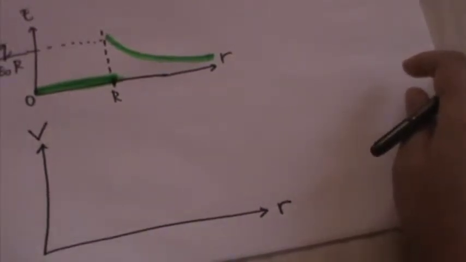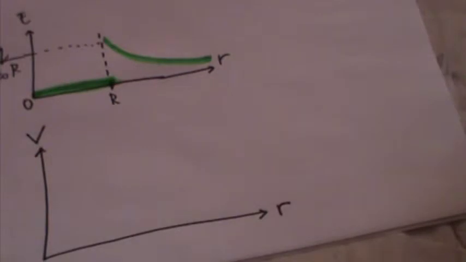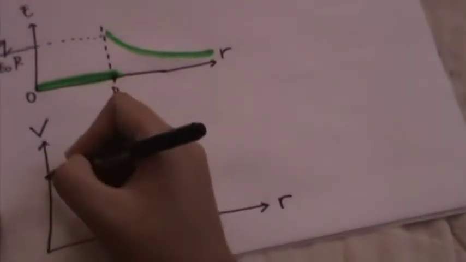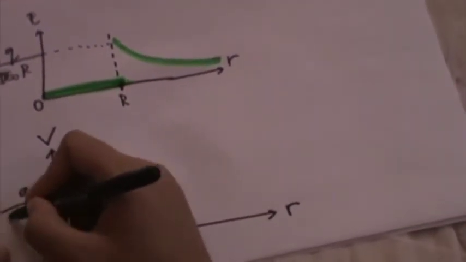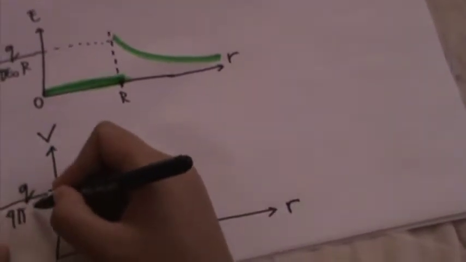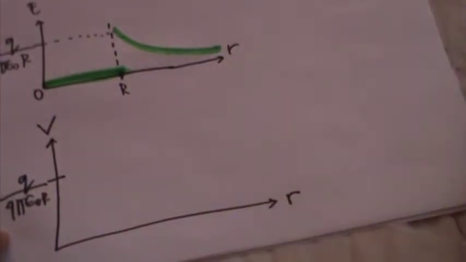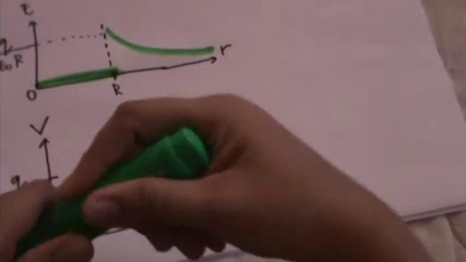it will just stay. So for the first graph, for the inside, we get this value, Q over 4 pi epsilon naught R, and in its graph, it stays here at the top.